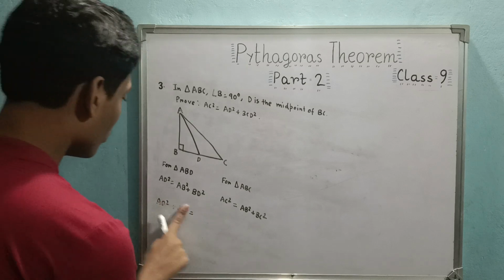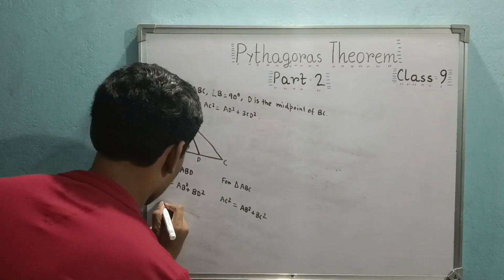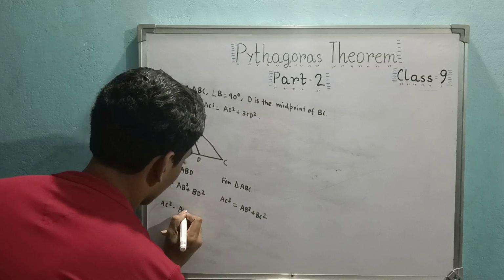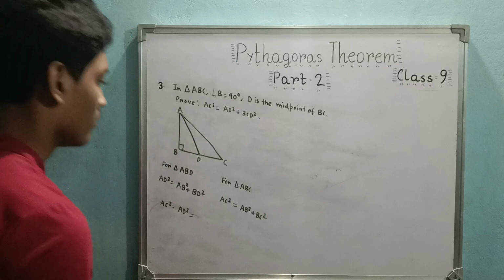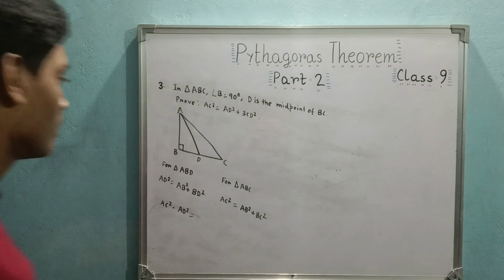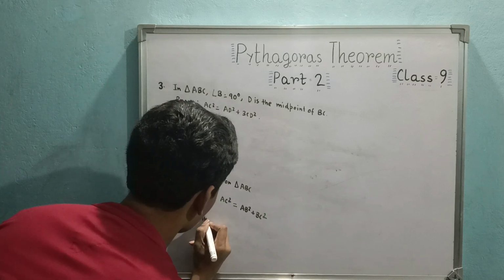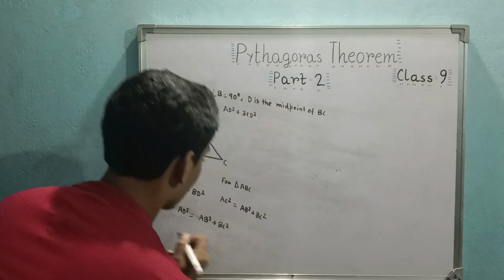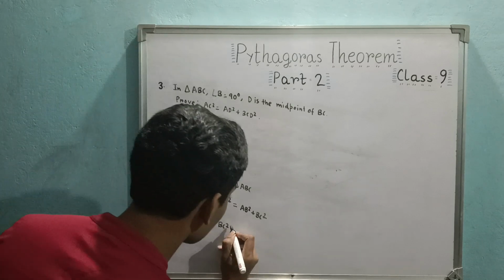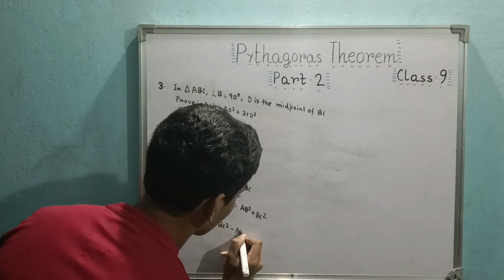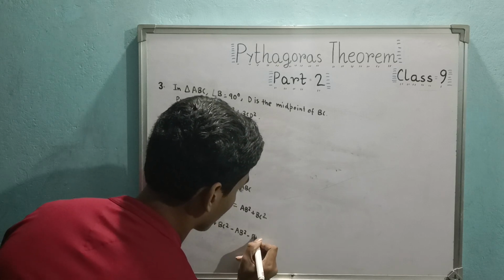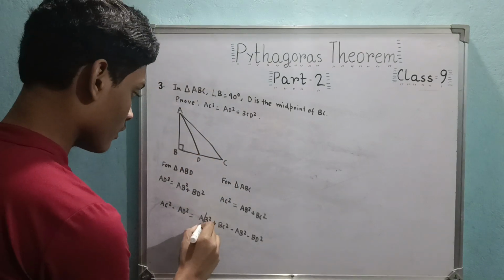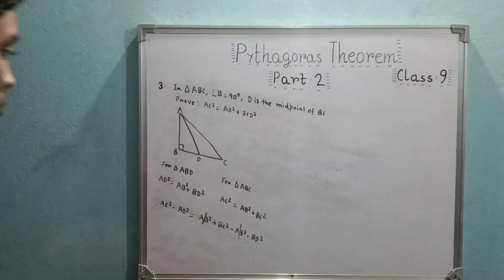So, what if I do AC square minus AD square? Okay. What will it be then? Equal to AB square plus BC square minus AB square minus BD square. Purpose served, Mr. AB square. See you soon. You have been removed.